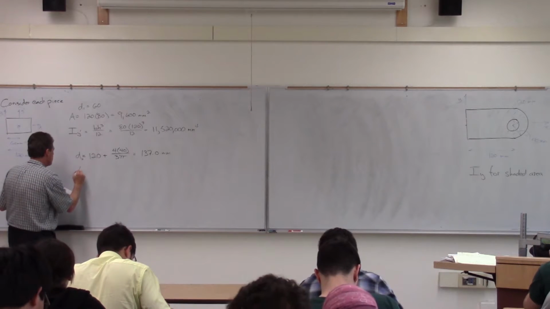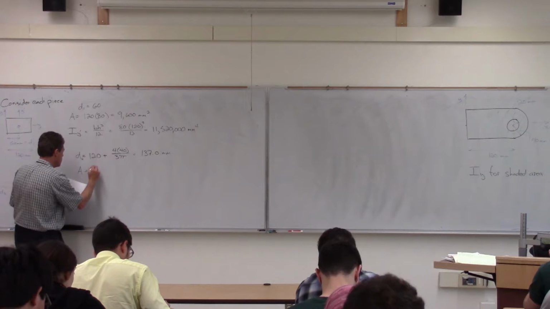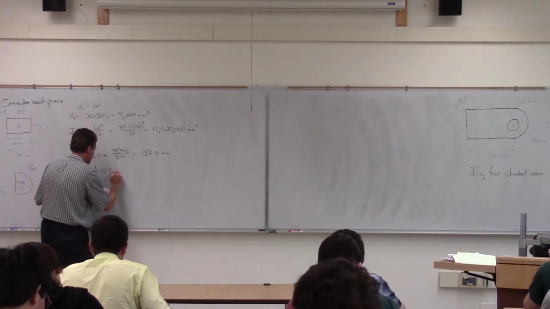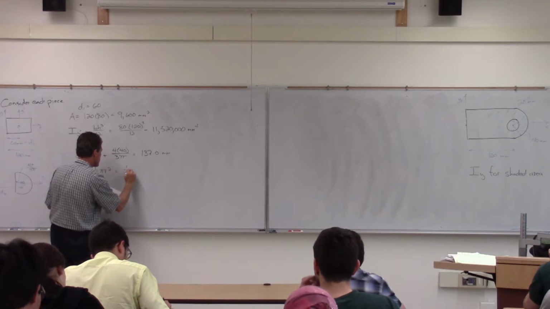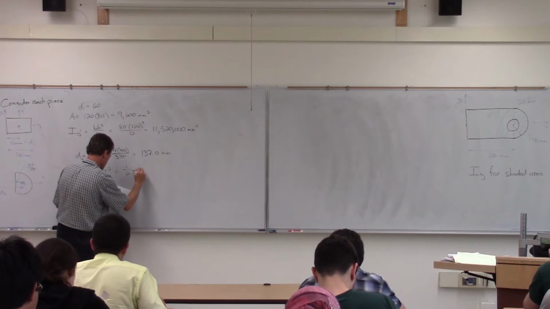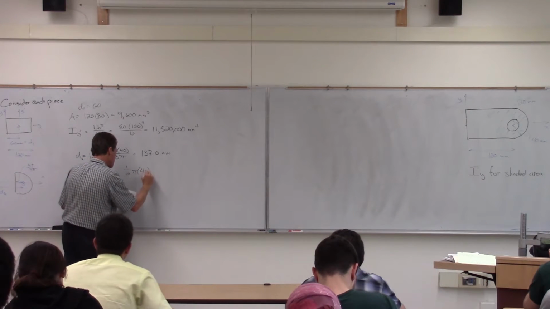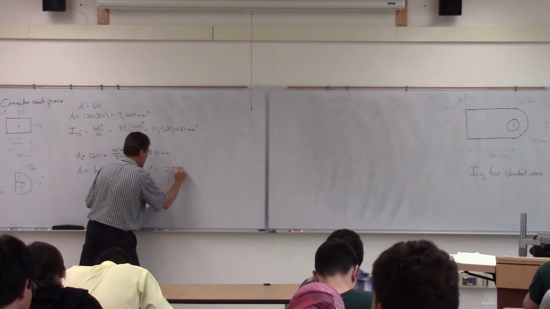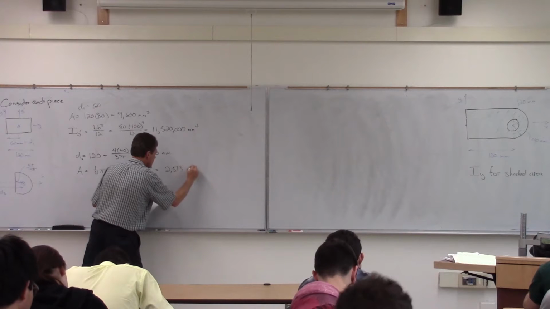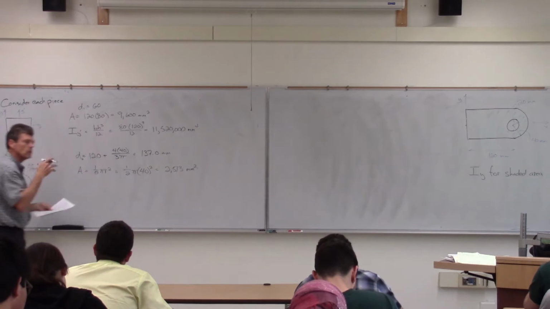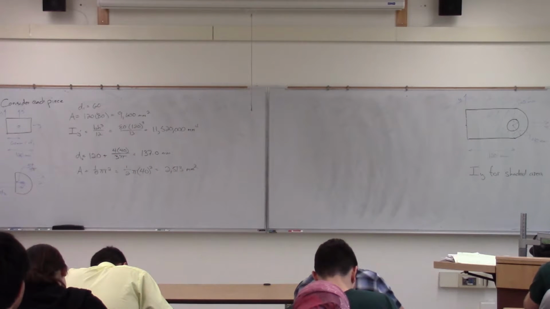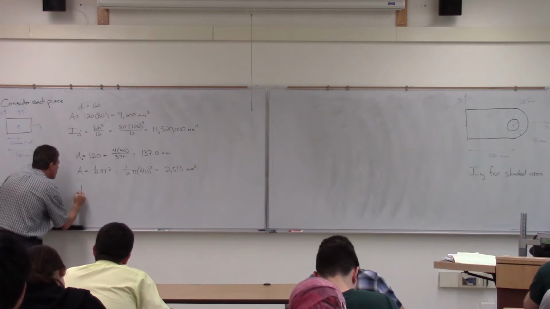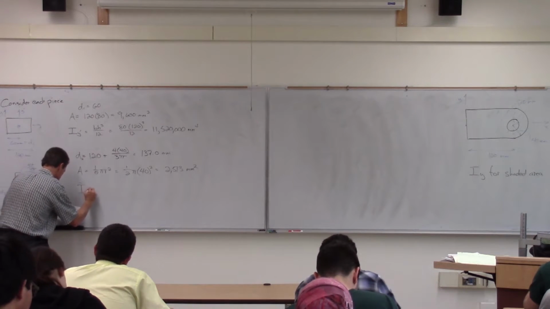So finally, hopefully I'll remember to keep this squared. We just simply calculate the area there. And the nice thing is, having done the problem before, we've already got our I bar for that section.